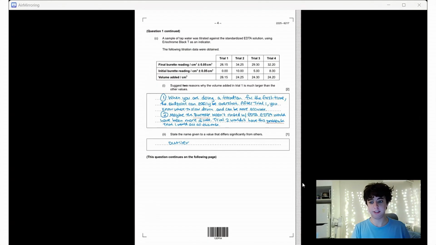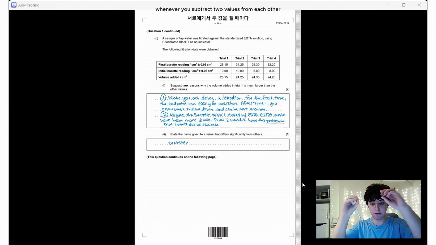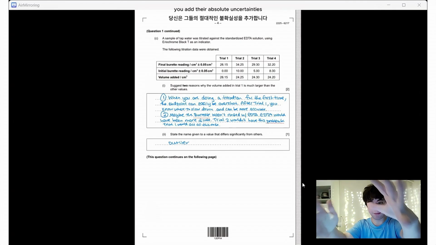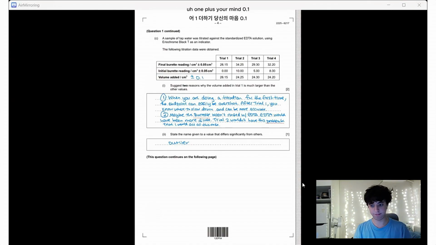No. The volume added is the final minus the initial. Whenever you subtract two values from each other, you add their absolute uncertainties. So the absolute uncertainty for the volume added would be 0.1, plus or minus 0.1, so it's 0.05 plus 0.05.